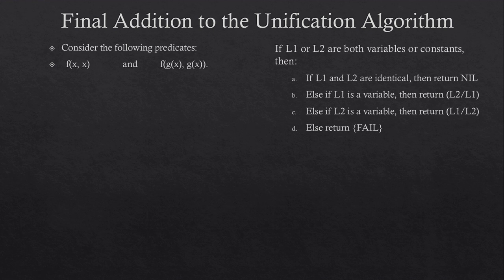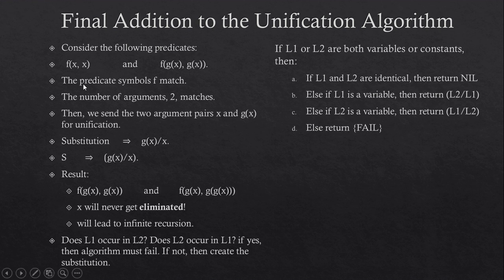Yes, the two complete predicates would be sent for unification. The predicate symbols f match. The number of arguments 2 matches. Then we send the two argument pairs x and g of x for unification. So if L1 or L2 are both variables or constants, we realize that x is a variable.